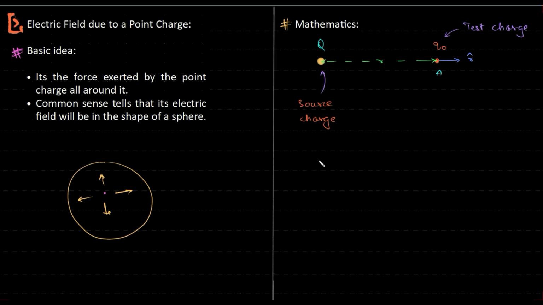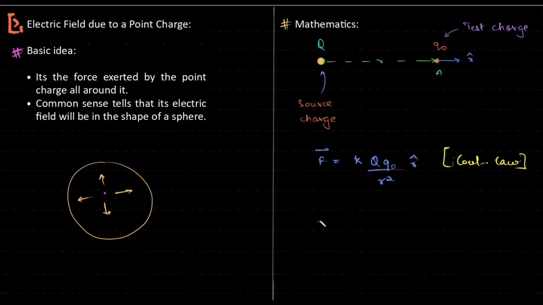So as per Coulomb's law, the force on charge Q naught is given by K Q, capital Q actually, Q naught by R square. In vector form, we just have to do this. This is from Coulomb's law. Agree?